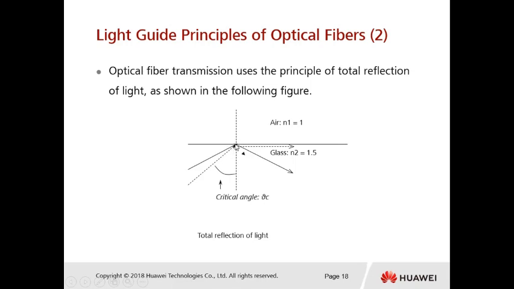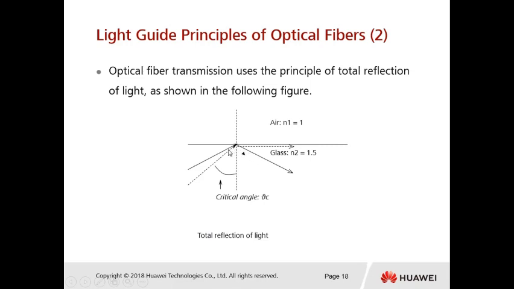Then no light will be refracted. All the light will be reflected over here. At this time, we call it total reflection of the light. So that's what we want.